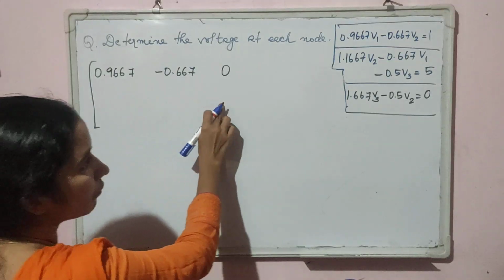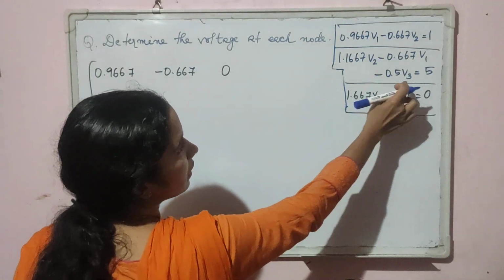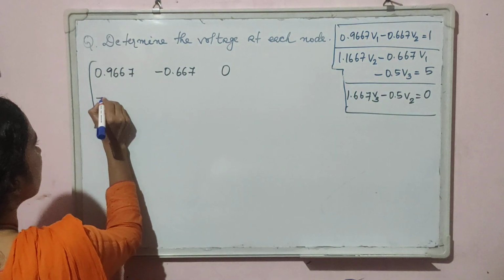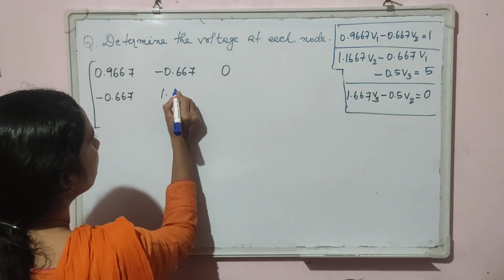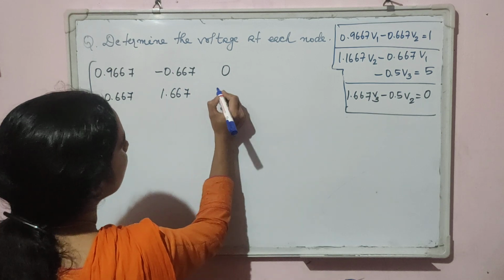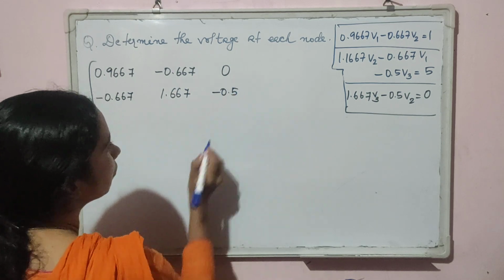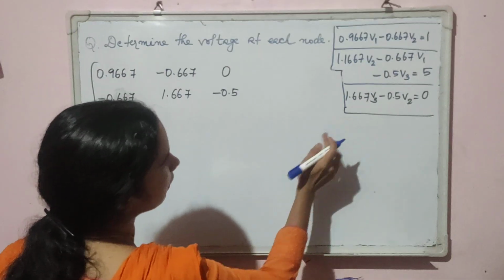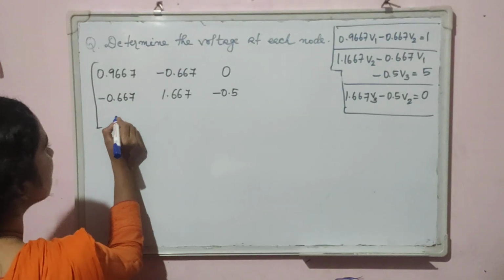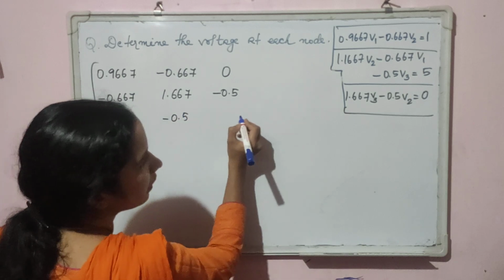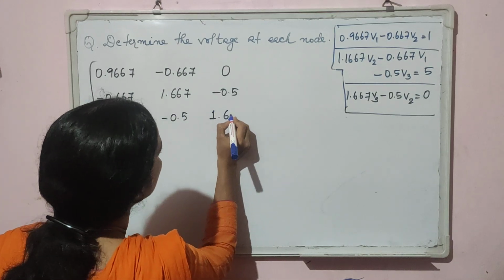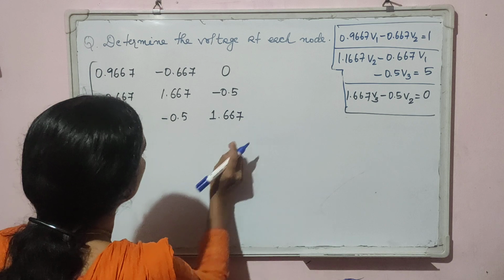Now second row is from the second equation, that is coefficient of V1 is minus 0.667, that of V2 is 1.1667, and that of V3 is minus 0.5. And third row from the third equation, coefficient of V1 is 0, coefficient of V2 is minus 0.5, and that of V3 is 1.667.